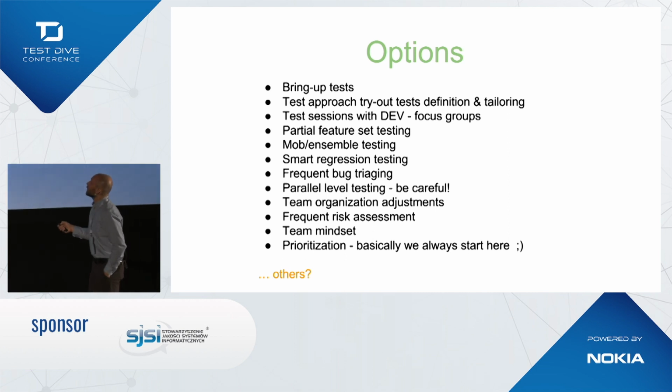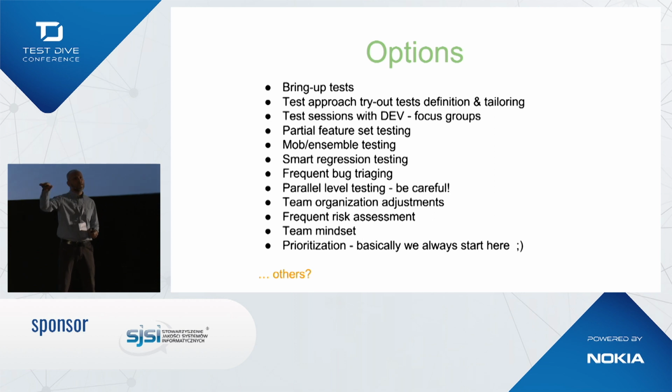Then we have another option, which is called parallel level testing. Has anybody tried to start system tests and integration tests or module tests? Hand up. Okay. So probably you know already that there is a danger that if we discover the problem on the higher level, then we have to move back. Or we have to modify the scope of the tests which we have performed so far on the lower levels of testing.